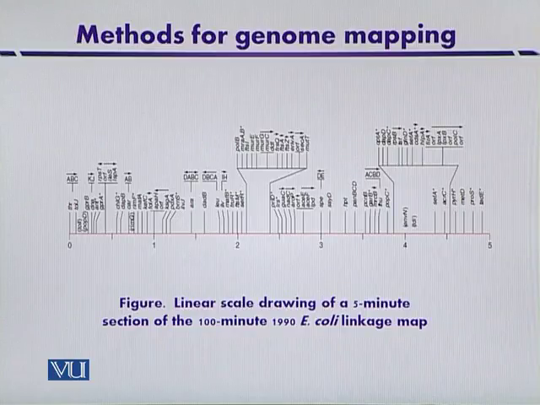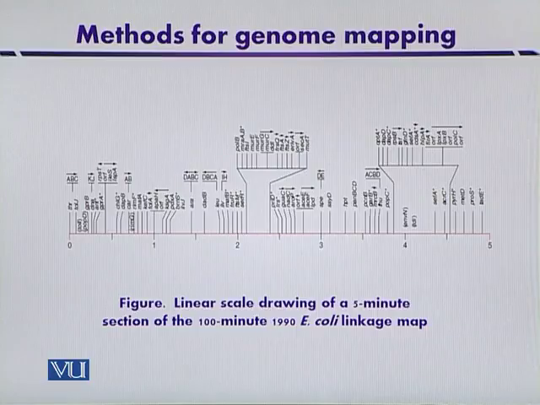In the next diagram, that is more or less a recent one constructed in 1990, it is showing some portion of the map that is around a 5 minute interval. So some part of the 100 minutes map is showing, that is only 5 minutes. So it is also an E. coli linkage map.